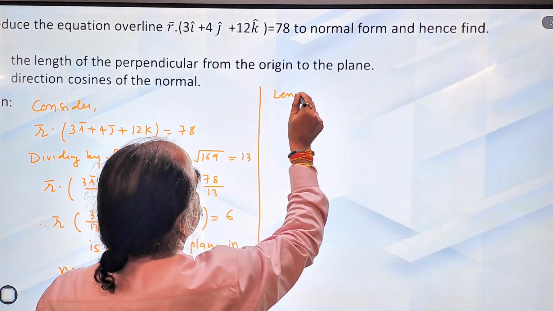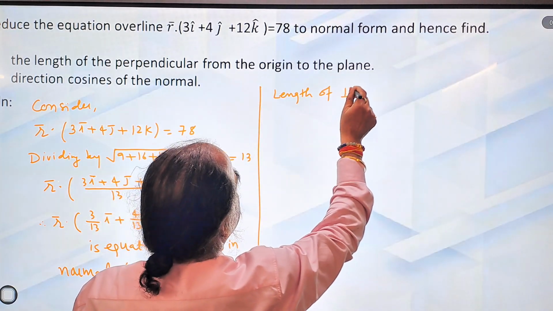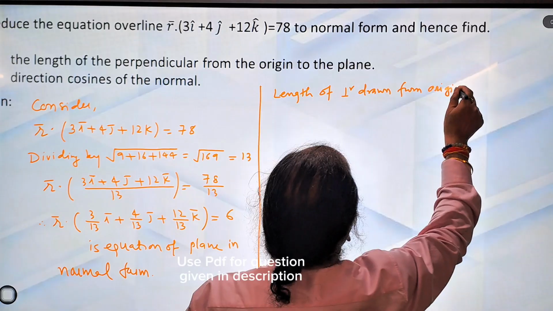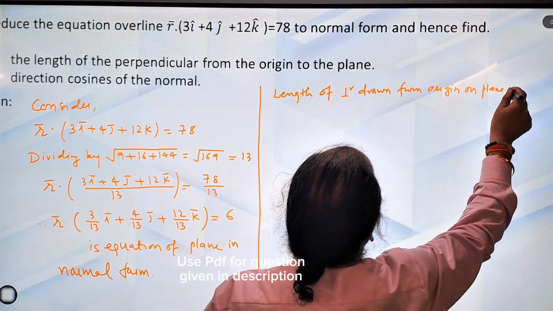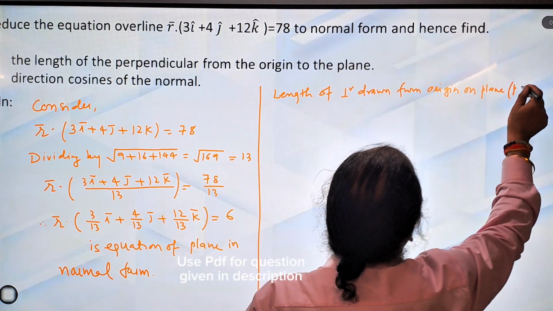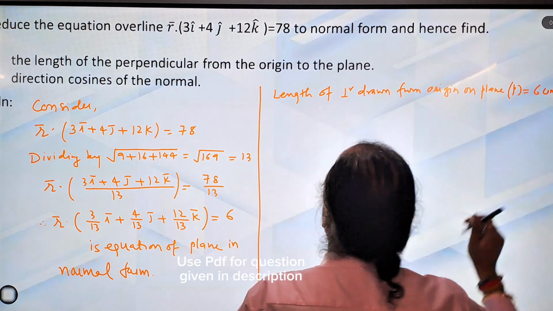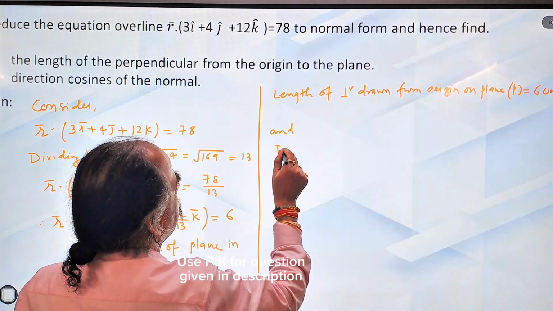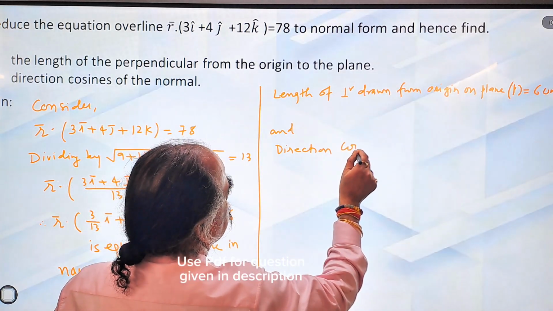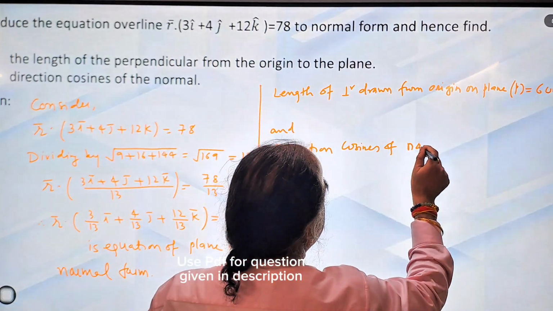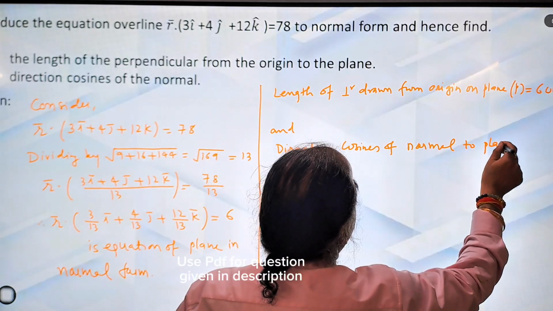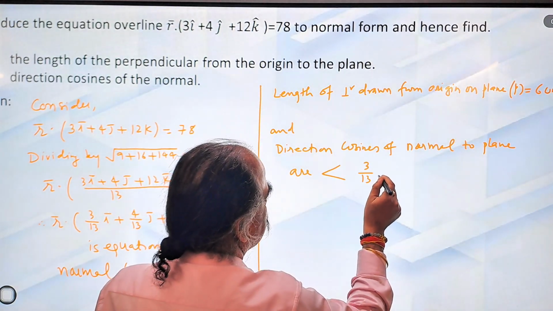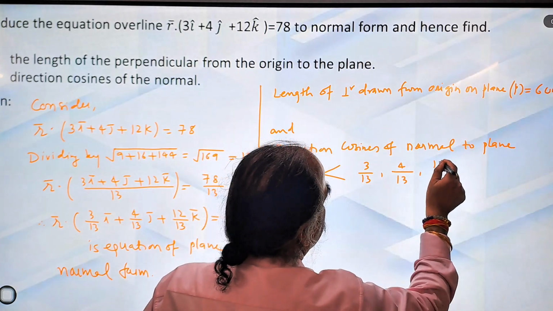Length of perpendicular drawn from origin on plane P is 6 units, and this is direction cosines of normal, and direction cosines of normal to plane are 3 by 13, 4 by 13, 12 by 13.